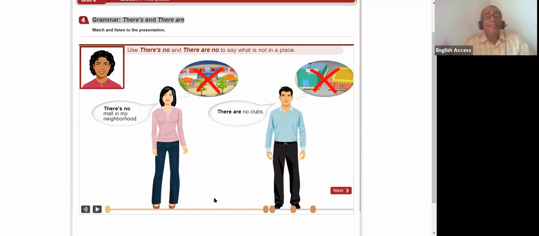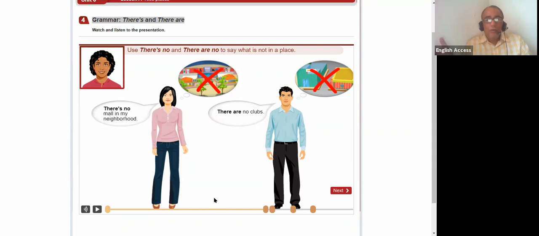What is there in your street? ¿Qué hay en tu calle? What is there? ¿Qué hay ahí? In my street, there are many cars. There is no OXXO. There are no malls.